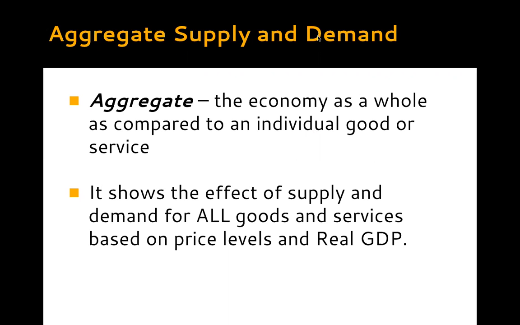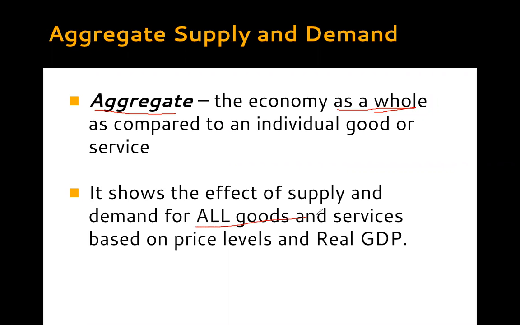and I'm gonna go through this relatively quick for you. Okay. Aggregate supply and demand are supply and demand on the aggregate. That is for the economy as a whole, not just an individual good or service. We're not talking about just supply and demand for cereal, supply and demand for burgers or fast food or anything like that. We're talking about everything in the entire economy, okay?